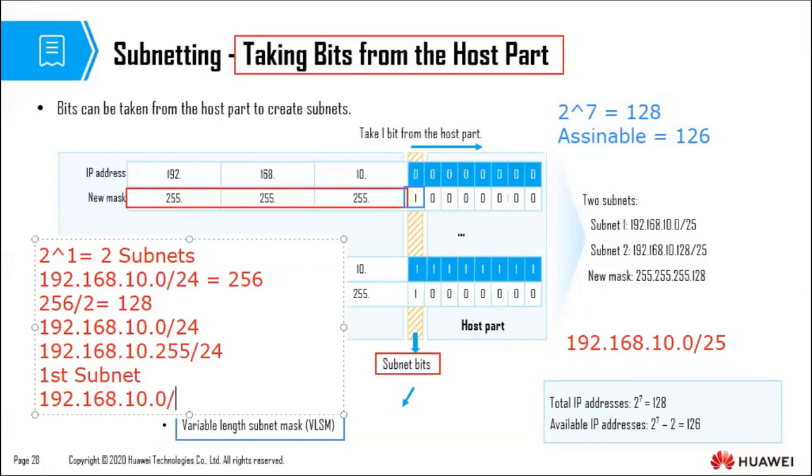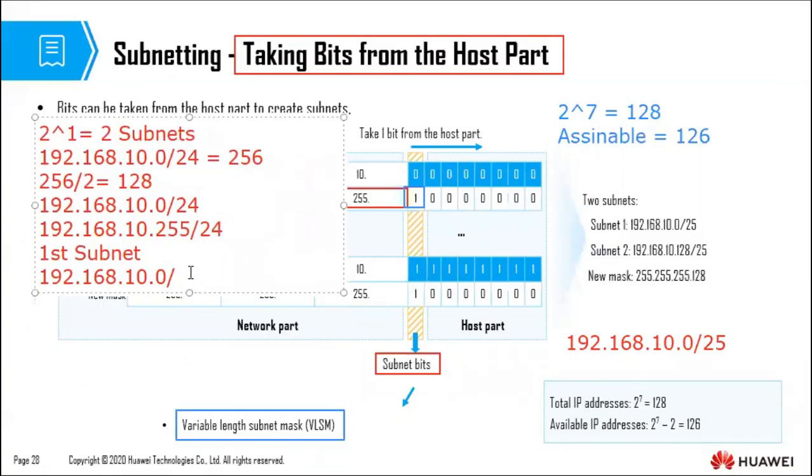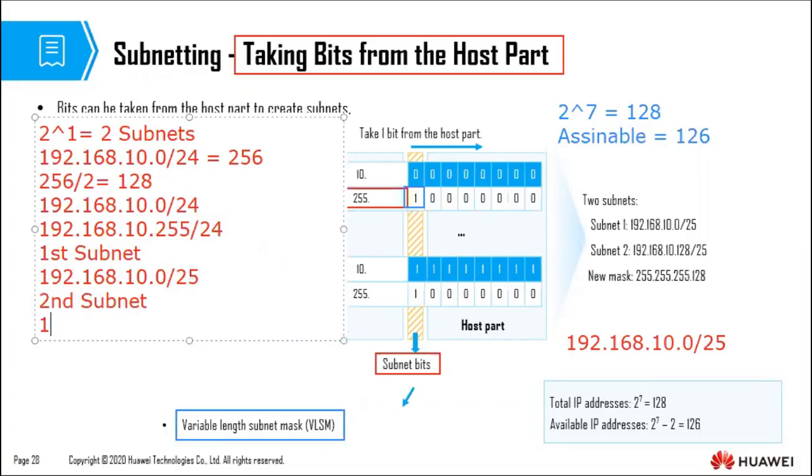This is not very official, by the way; it's just my thinking because I'm also a mathematician. For the second subnetwork, the address is going to be 192.168.10.128.